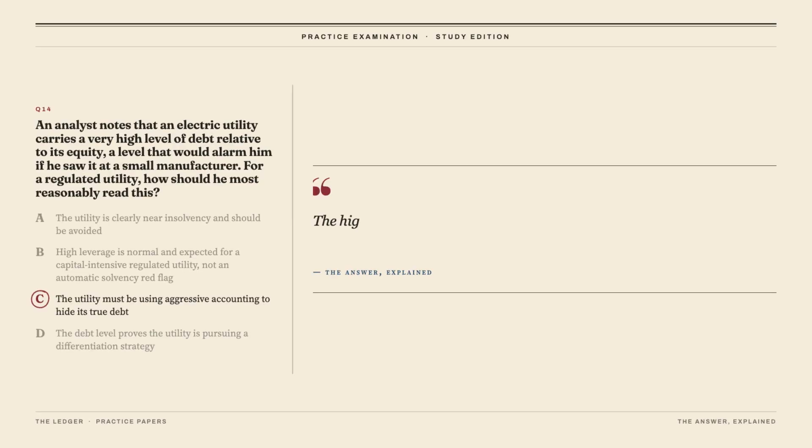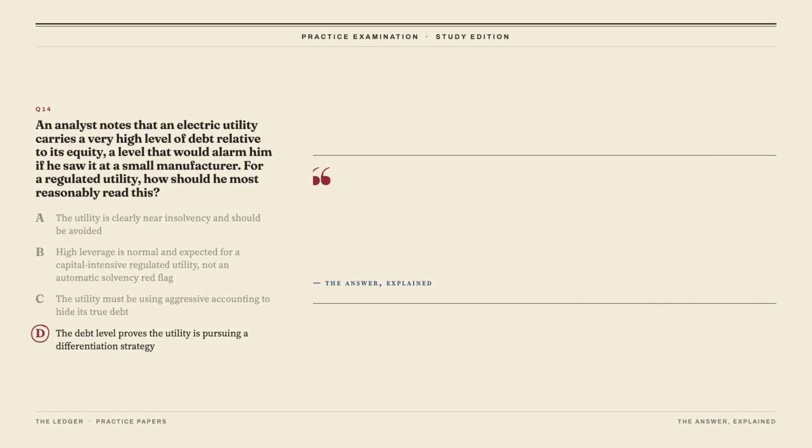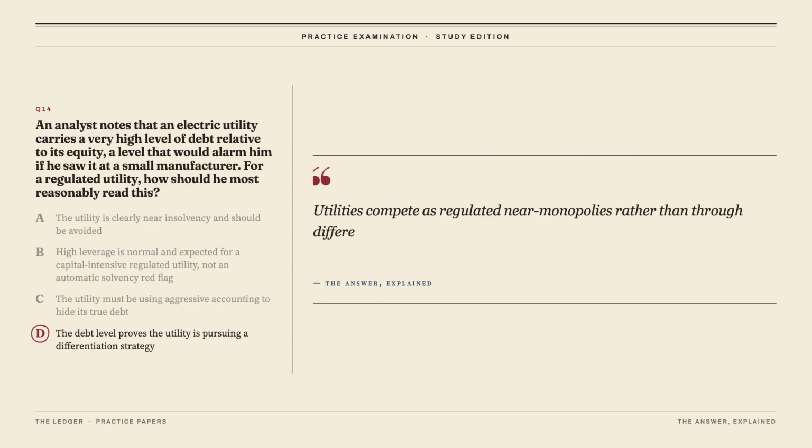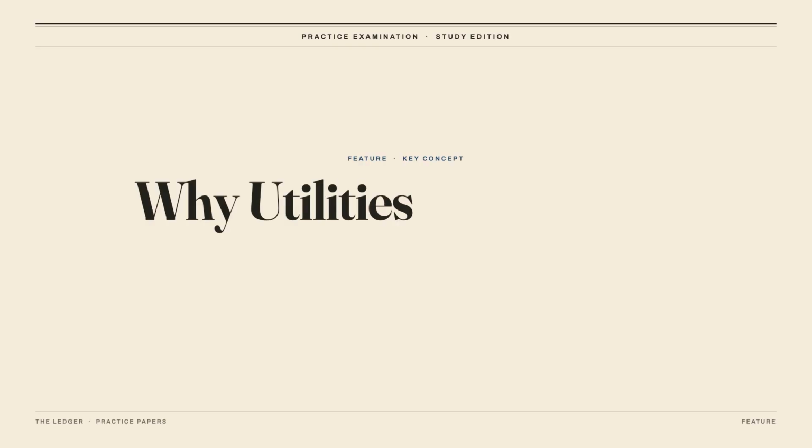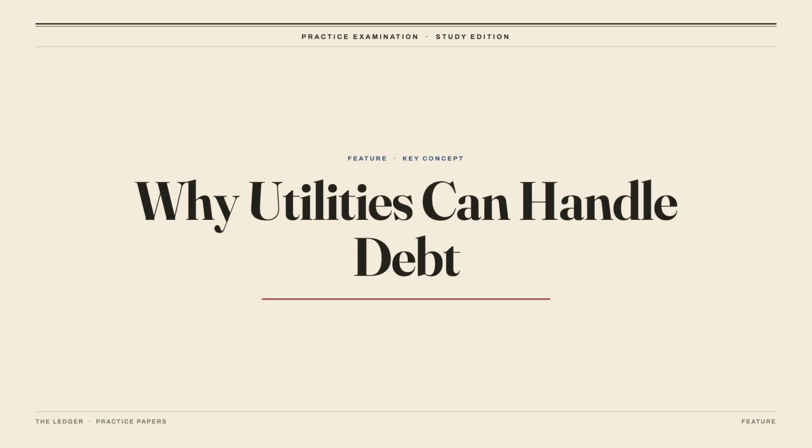C is wrong because the high leverage is a normal feature of the business model, not evidence of accounting manipulation. D is wrong because utilities compete as regulated near monopolies rather than through differentiation, and a capital structure says nothing about that strategic dimension anyway. Analysts trained on manufacturers learn to fear heavy debt, and usually for good reason, but carry that same reflex into a regulated utility and the judgment misfires badly.